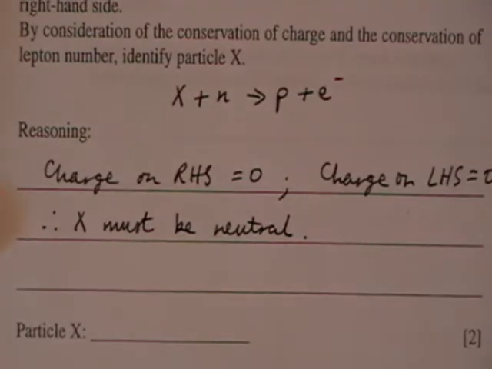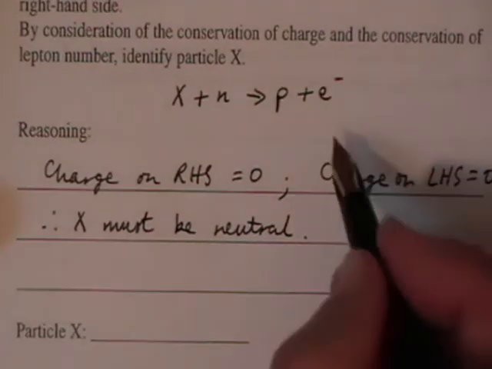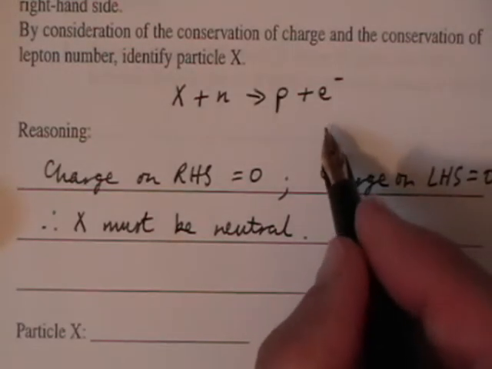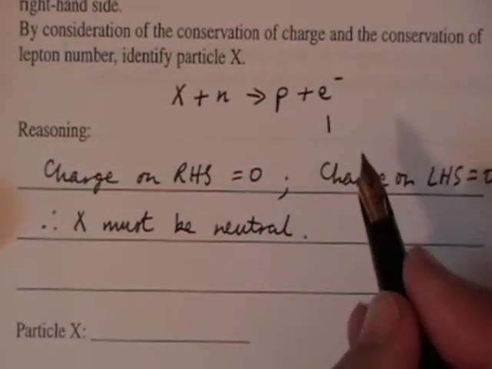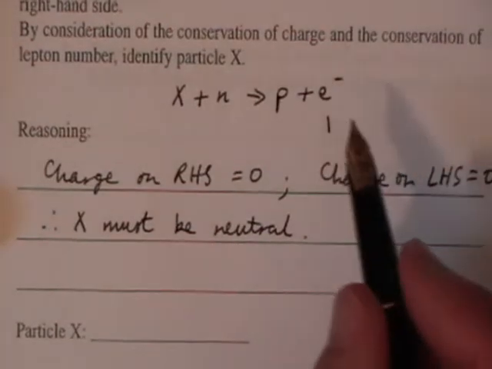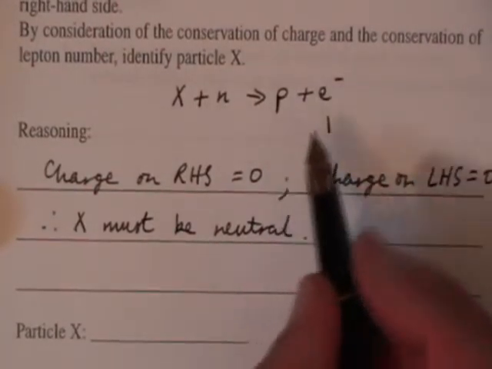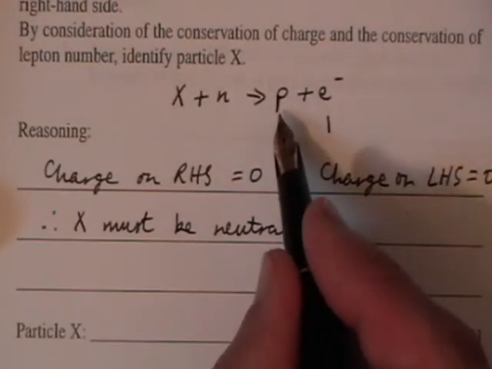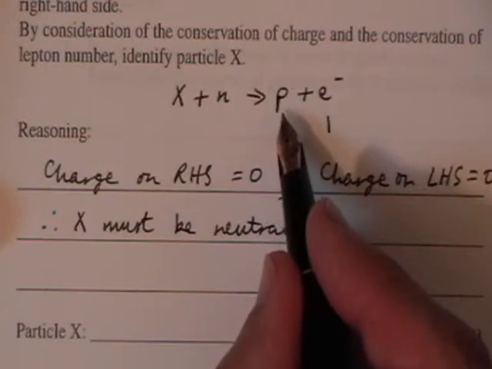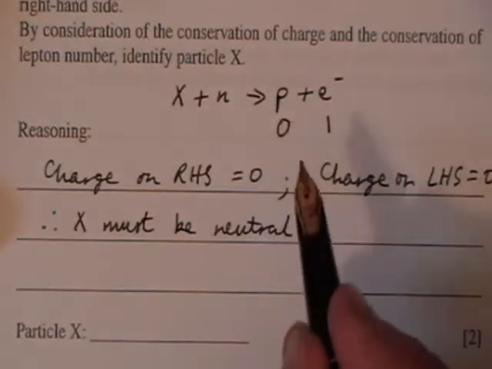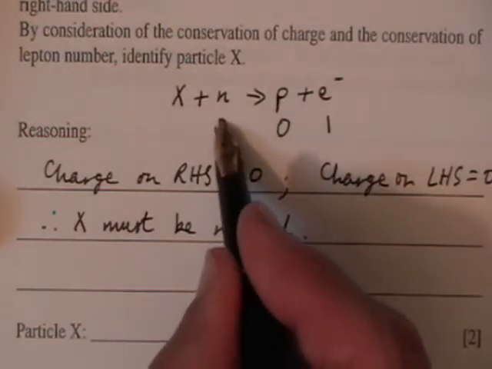Okay, then if we take a look at lepton number: this on this side has a lepton number of 1 because it's an electron. This has a lepton number of 0, and this has a lepton number of 0.